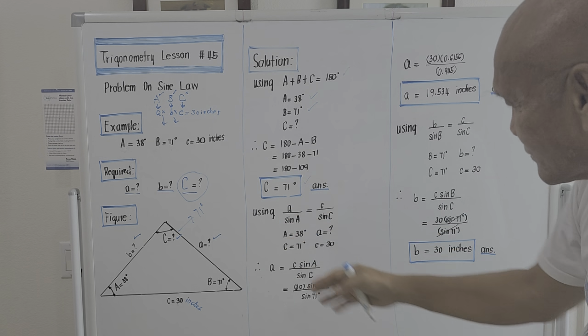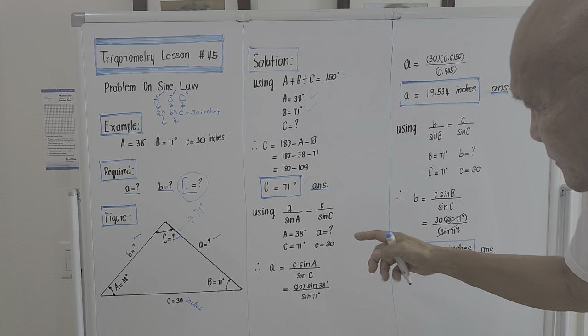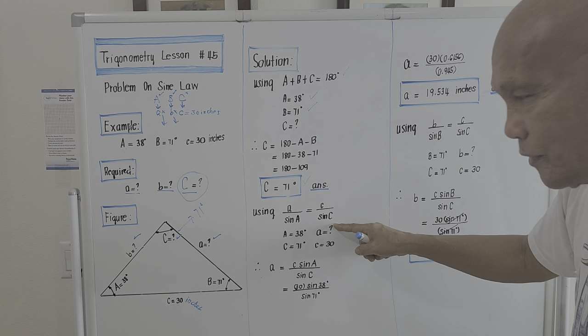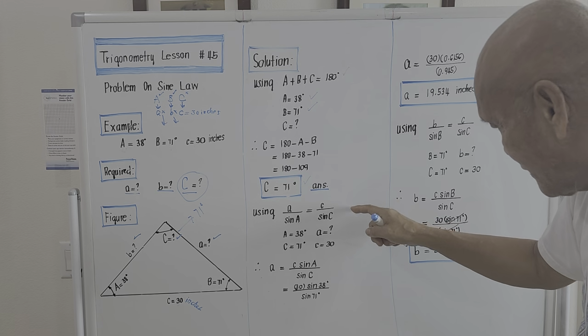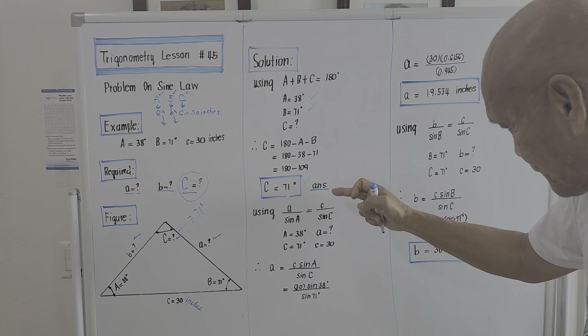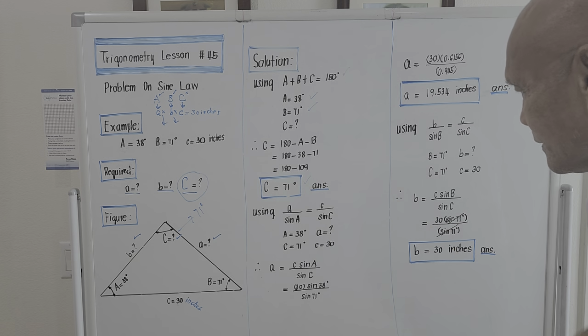For this solution, I just used the relationship A over sine A equals C over sine C. But you could use B over sine B on the right hand side if you would like. For me, I prefer C over sine C.